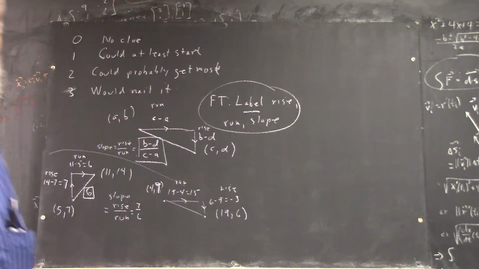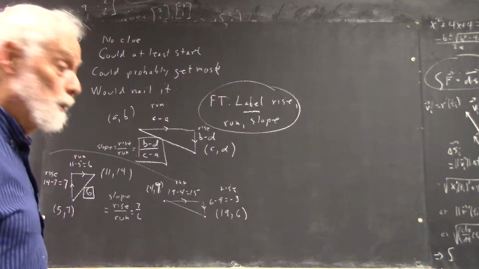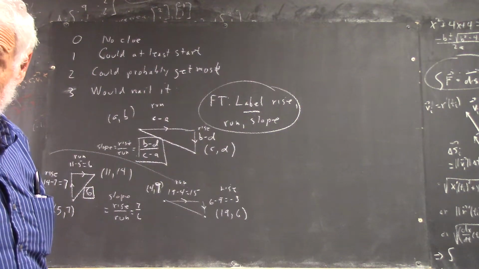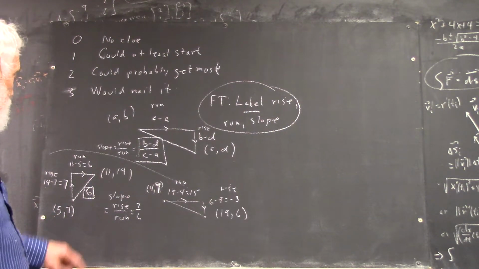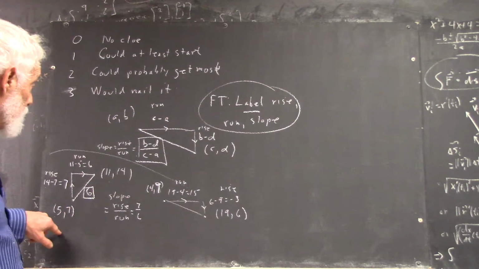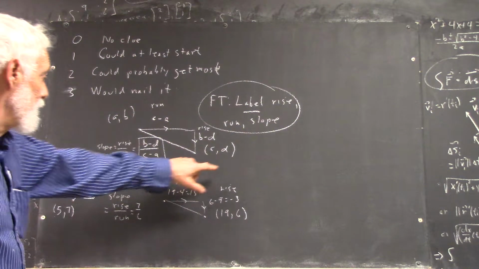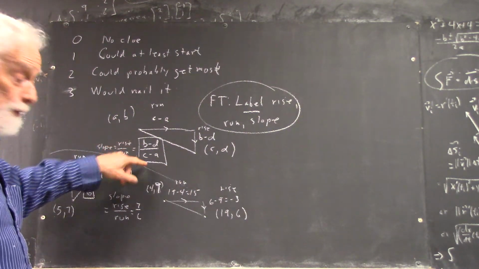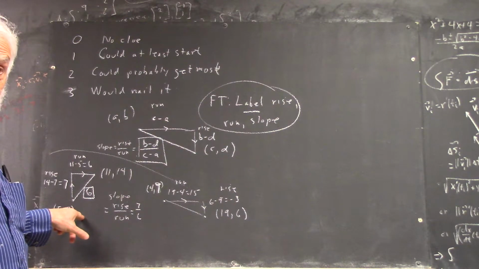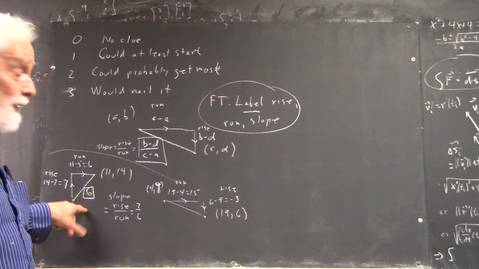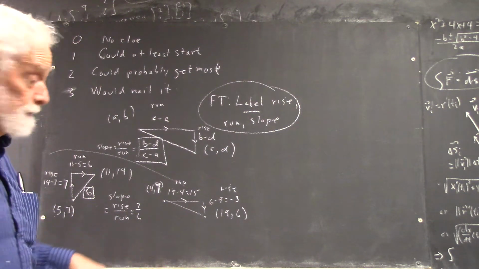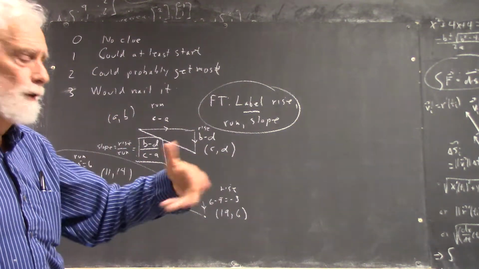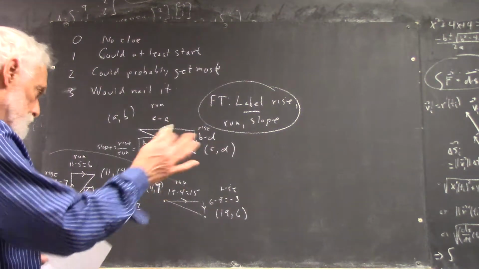So that works for any 2 points, because A, B, C, and D could be anything. Okay? If A was 5 and B was 7 and D was 14 and C was 11, and we plug those numbers in, we would get this, right? Because that's how these were calculated. But we don't want to use this as a formula unless we're trying to do a symbolic proof or something, and we will, but we won't worry about it.